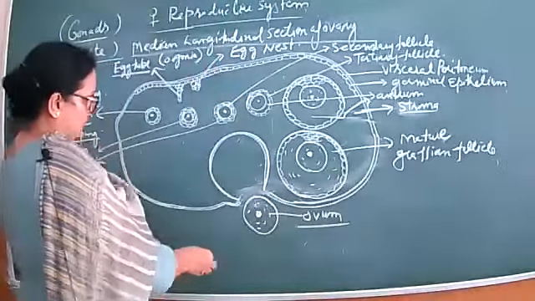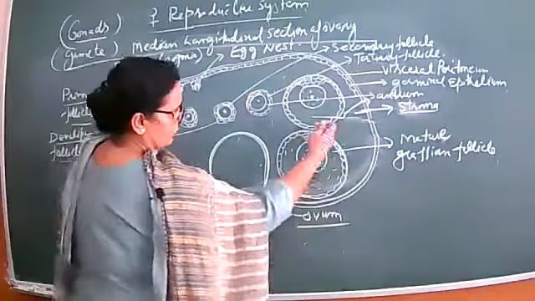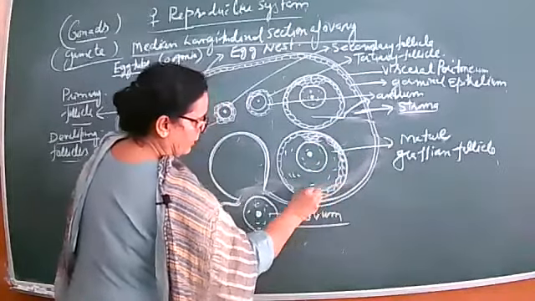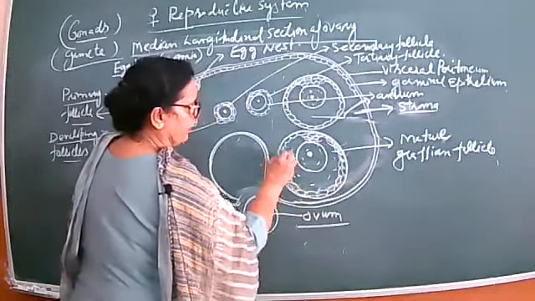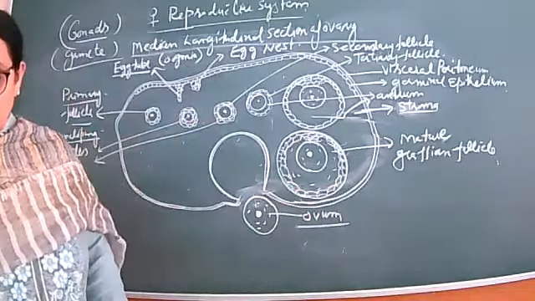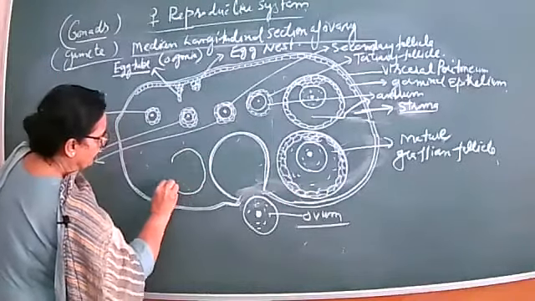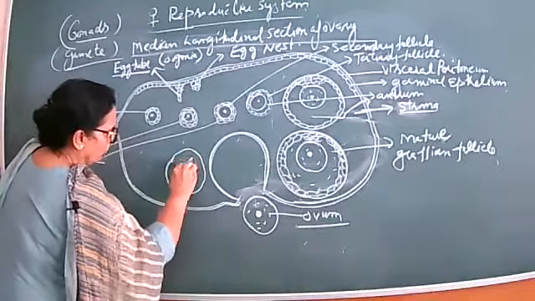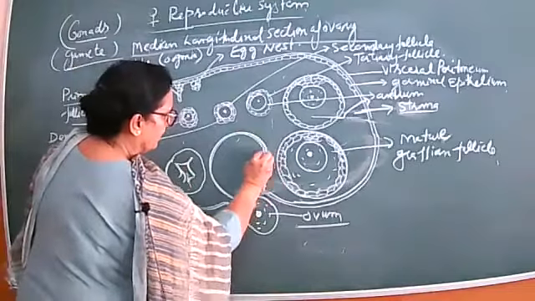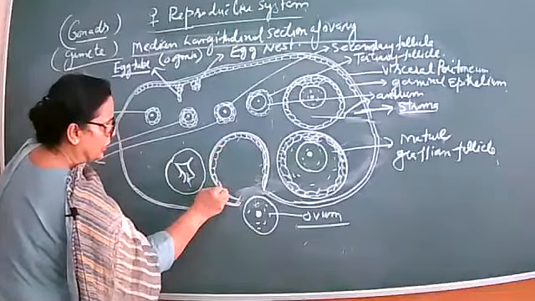Then after this ovulation, whatever cells were in the form of the number of layers over here, they will all degenerate. Regression of that will take place, and that regression will form a body, which is yellow in color, meaning the rest of the cells which were there, they all will degenerate and form the corpus luteum.